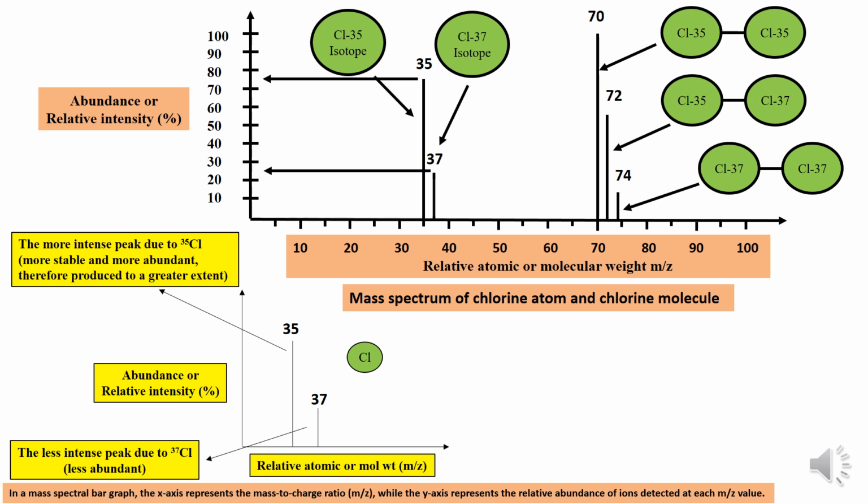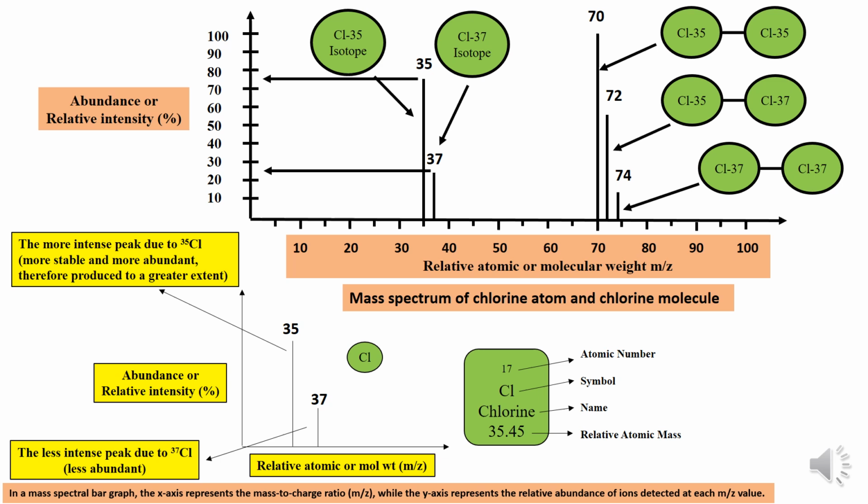Now detailed explanation and further theoretical concepts about the mass spectral analysis will be discussed in my forthcoming video on mass spectroscopy. And that is how you get the relative atomic weight of chlorine in decimals, that is 35.45. So the atomic number of chlorine is 17, while the relative atomic mass is 35.45.